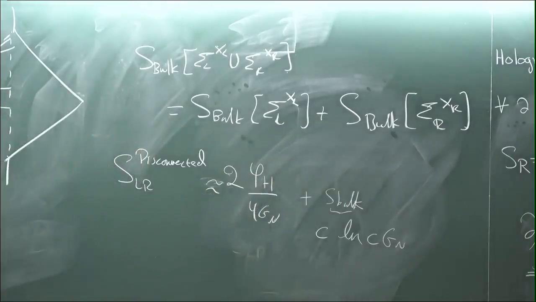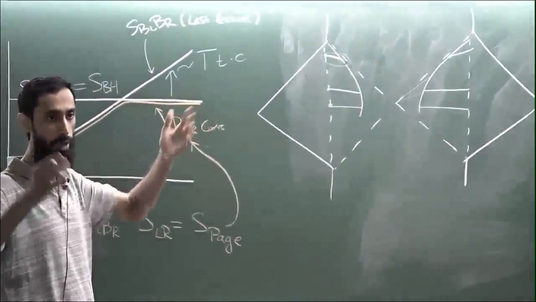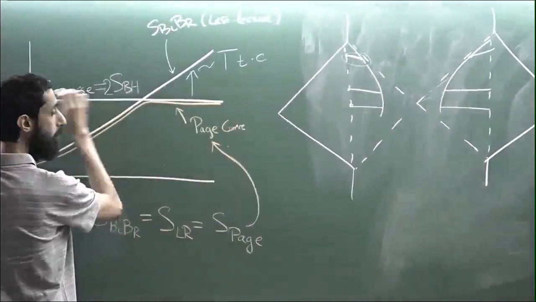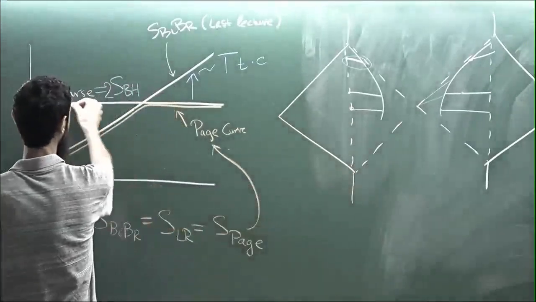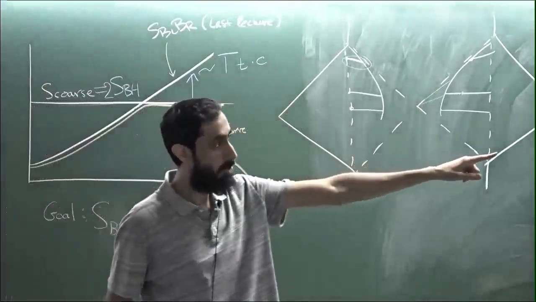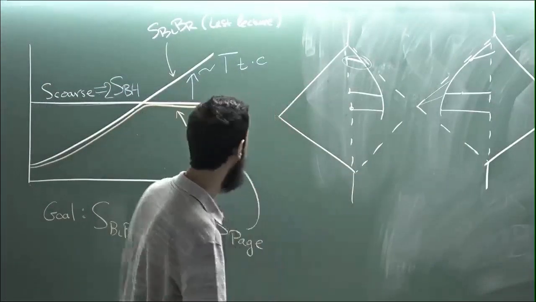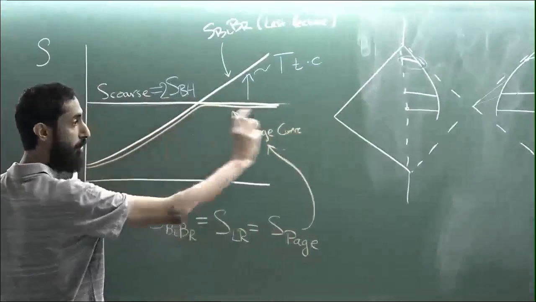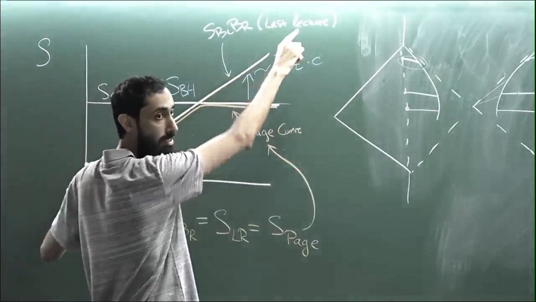That's what we expected for this coarse graining. I wrote SBH here, thinking of it as SBH of 2 horizons. You can put 2 here if you like. But it gives us a constant. So now we have 2 possible contributions to the entropy of LR. There is the contribution from the trivial surface, which just grows linearly in time.